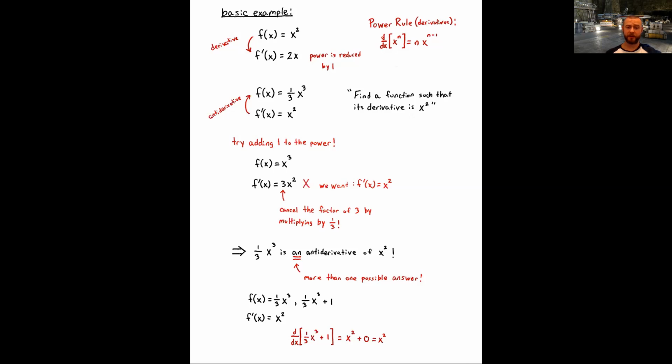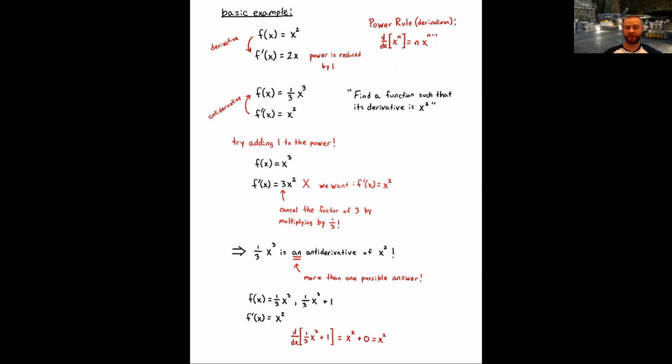If you check right below there, that still differentiates to x squared, since the derivative of 1, the derivative of any constant, is 0. Now at this point, you might be able to think, are there other antiderivatives? Well, we just have to add any constant at the end there.